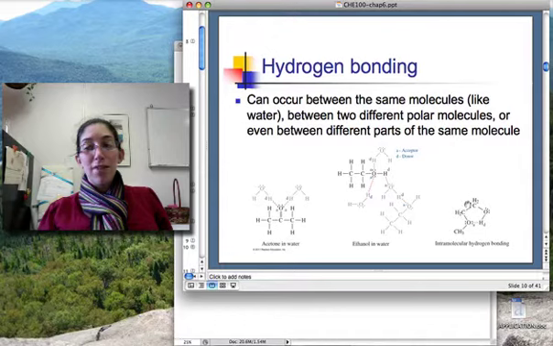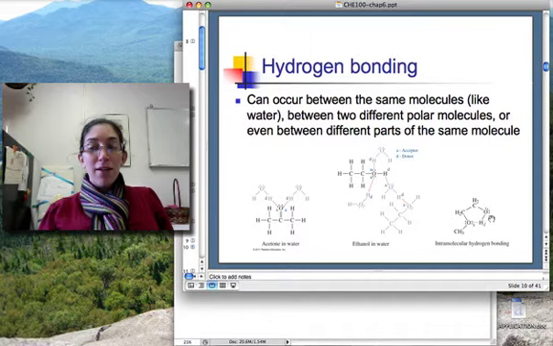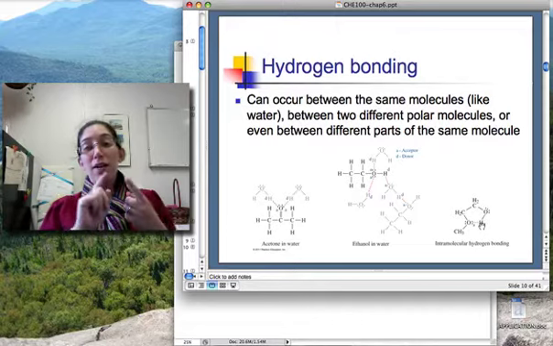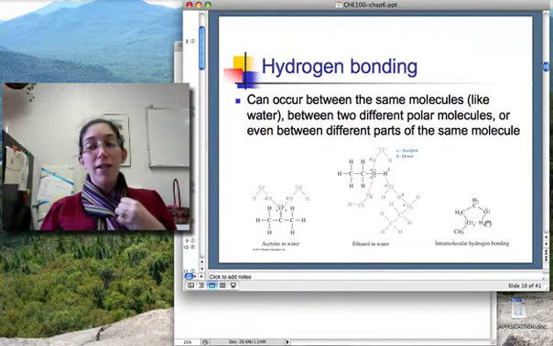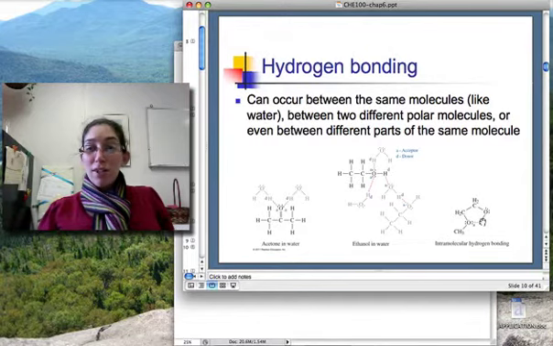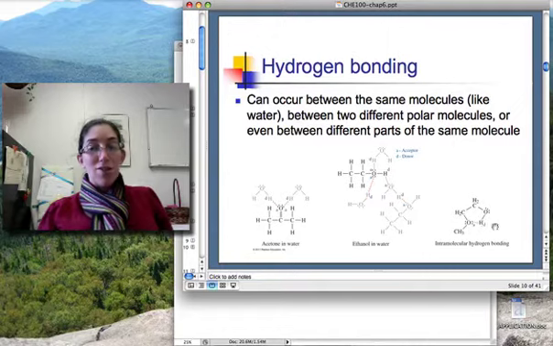The molecule itself is a straight chain, CH3O, CH2, CH2, OH. But the OH group here, that hydrogen is a hydrogen bond donor because it's a hydrogen attached to an oxygen, in this case. So it's a donor, and the other oxygen is acting as the hydrogen bond acceptor. So they are engaging in hydrogen bonding together.